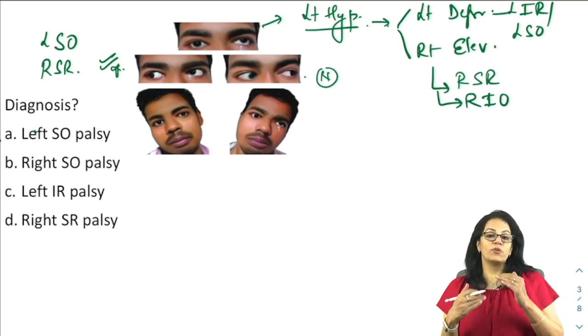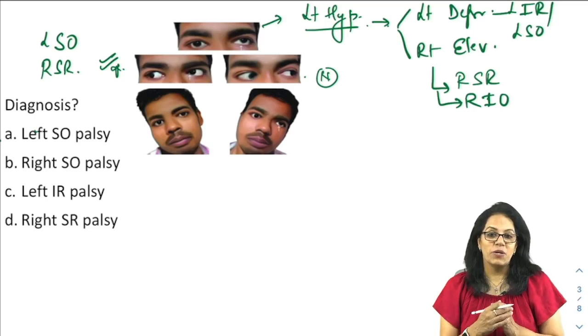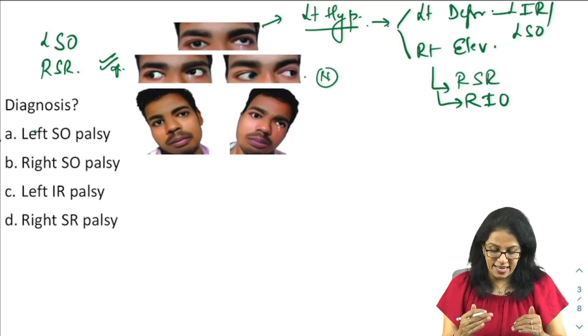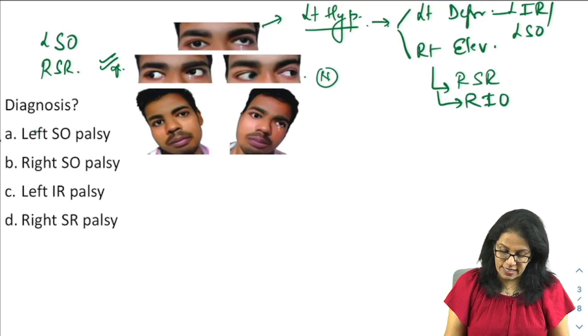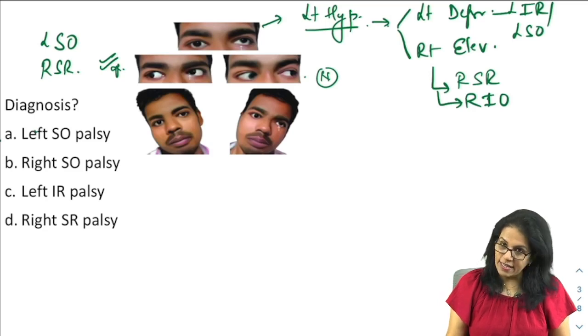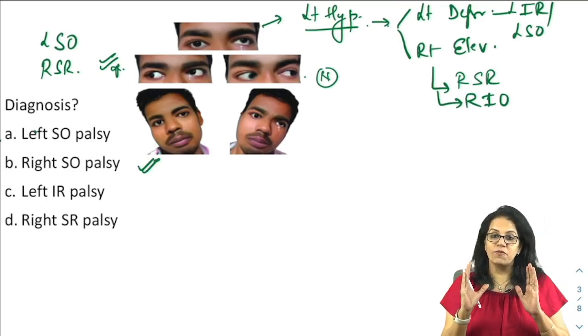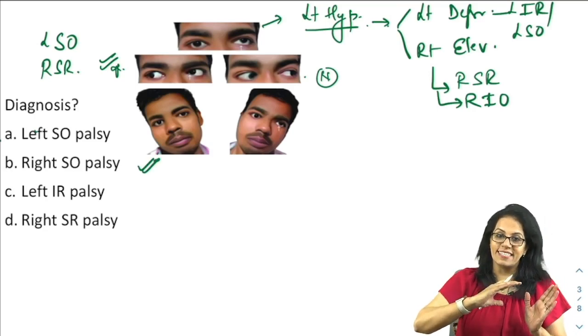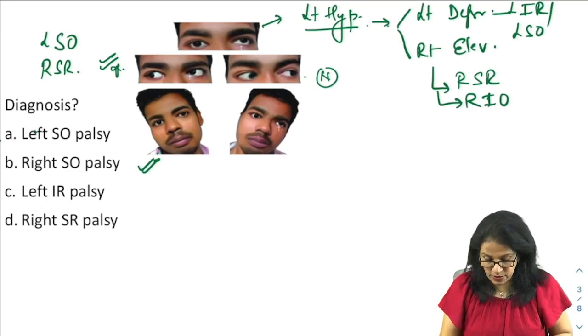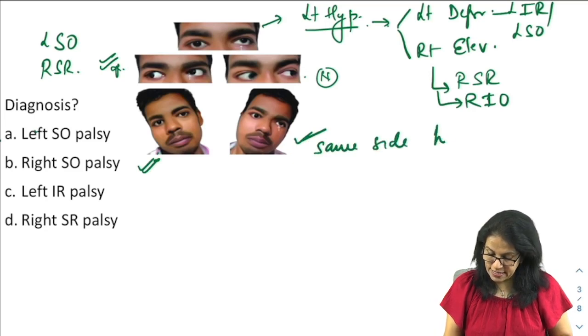But we have to also see the head tilt. So on tilting the head on whatever side, suppose in this case, can you see here? On the opposite side, the eye looks almost normal. That's why the compensatory head posture of an SO palsy is opposite head tilt. But when you tilt the head on the same side in which there was hypertropia, on the same side head tilt, the hypertropia increases.